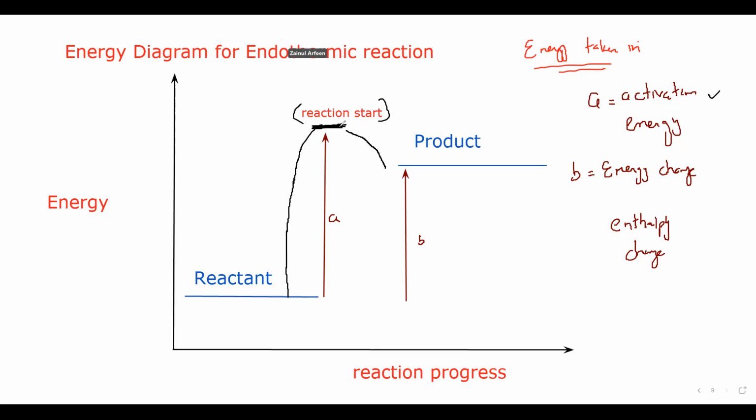And once the reaction started, the product will be formed, and the arrow from reactant to the product is known as energy change during a chemical reaction, or also known as enthalpy change. So from an exam point of view, you have to learn all the labels of this energy diagram for endothermic reaction. You have to memorize these labels.